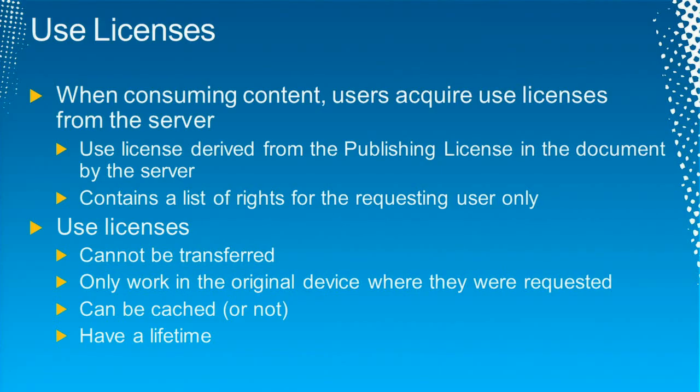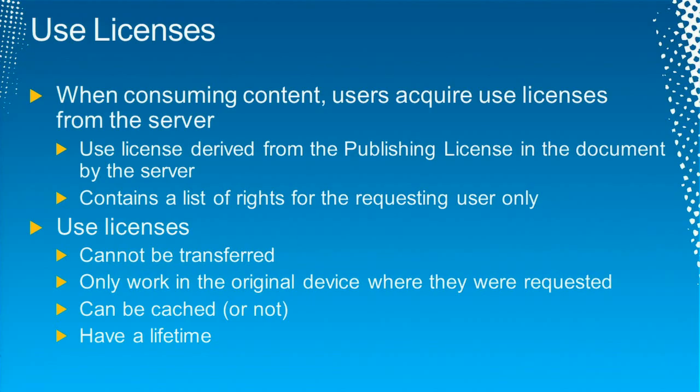RMS takes that publishing license, decrypts it, and then does an authorization against Active Directory to understand what rights a given user has to a document. What the user gets back is essentially the rights they have to that document.